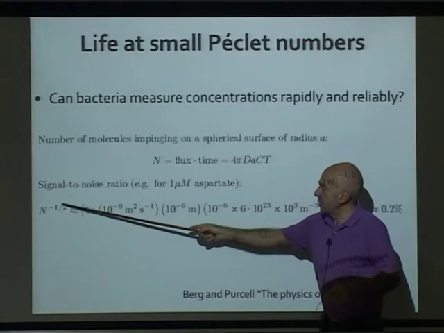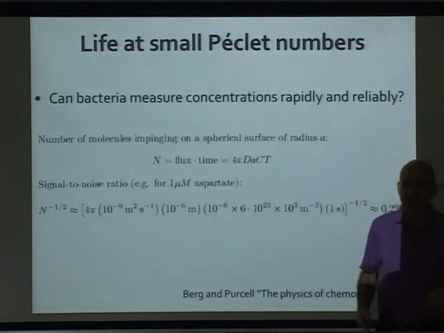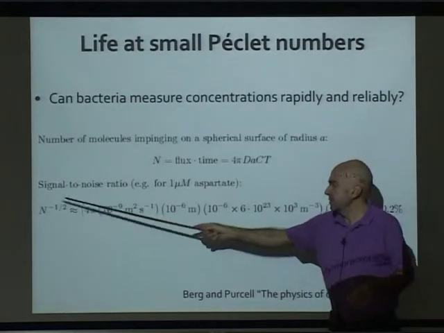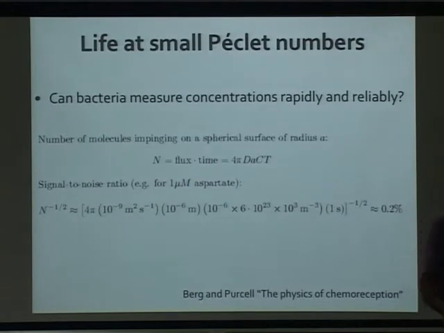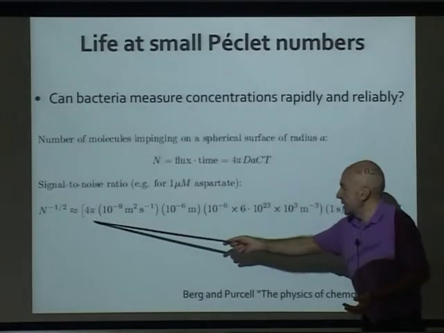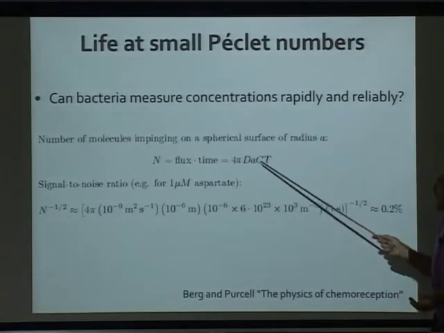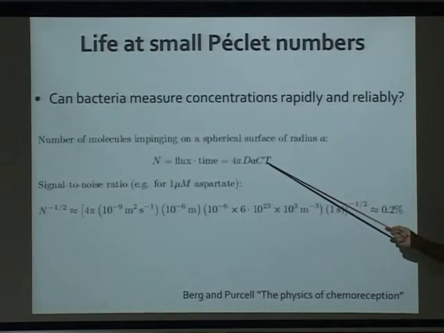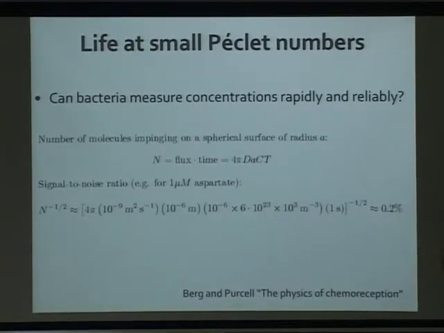So your signal-to-noise ratio is basically this number. This tells you how precise you are in your measurement of the number of molecules that hit the surface, and this is a proxy for the concentration. Then you put the figures, and you put a time of the order of 1 second, the typical time for one run.